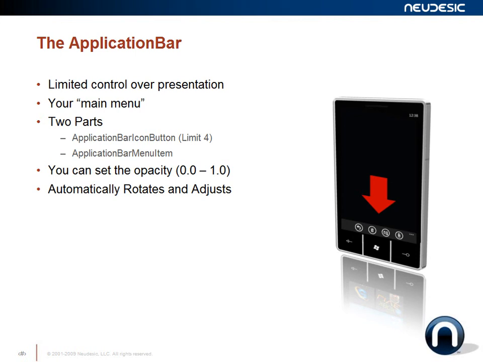So because of that, there's a little bit less control over presentation, and not just of the bar itself, but the items that you can put in the bar. But the upside is that a user can pick up your application if they've used any other ones and know how to get around without any trouble.